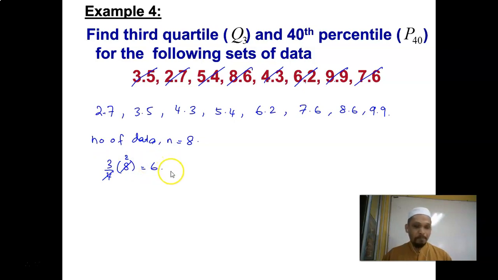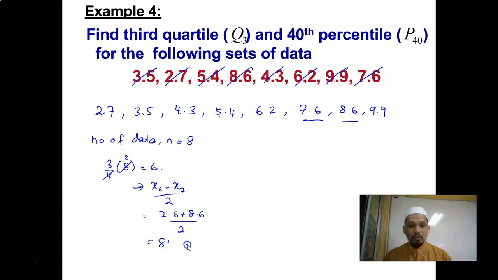For this one here, because the result is an integer, we look into the 6th observation plus the 7th observation divided by 2. 1, 2, 3, 4, 5, 6, and 7, which is 7.6 plus 8.6 divided by 2 equal to 8.1.